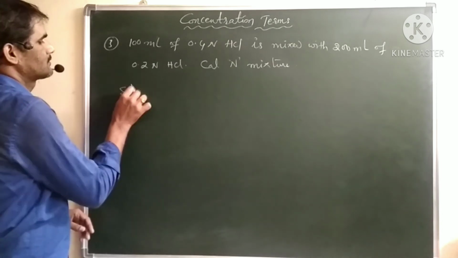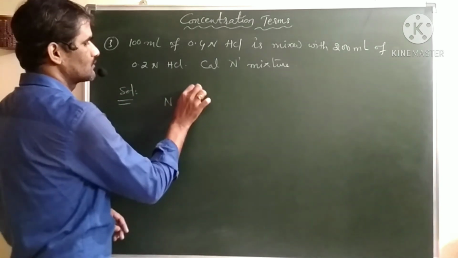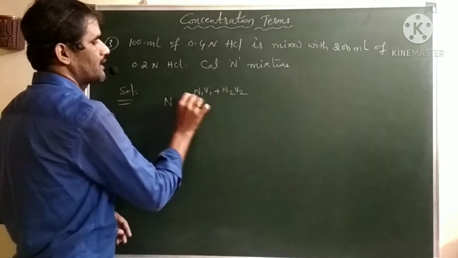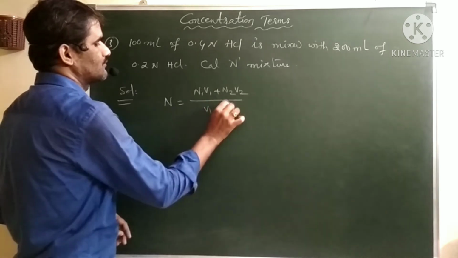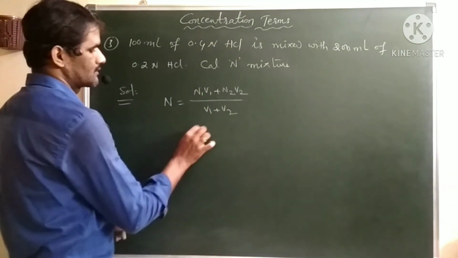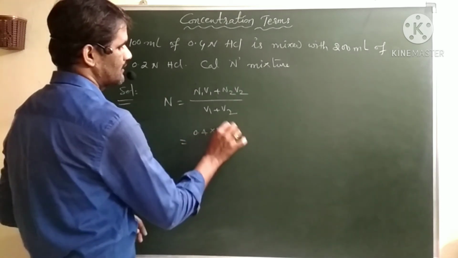Solution: directly, the resultant mixture N is equal to N1V1 plus N2V2 by V1 plus V2. And what is N1 here? 0.4 and its volume is 100 ml.